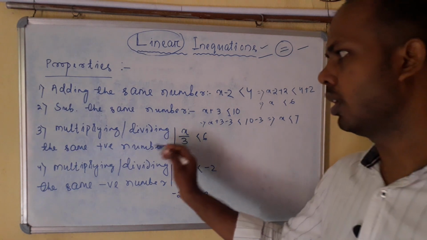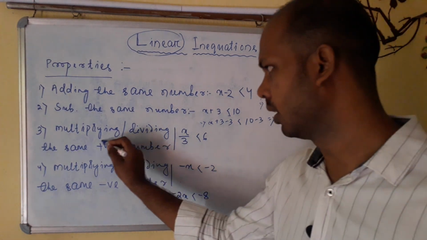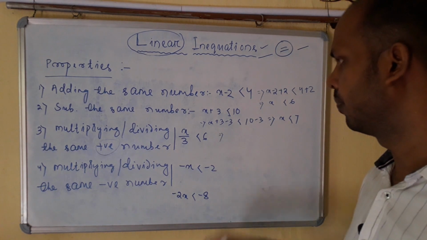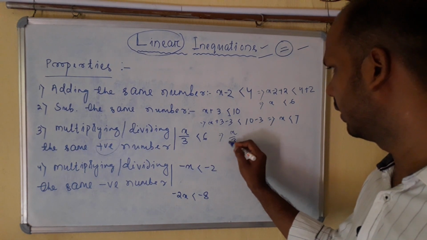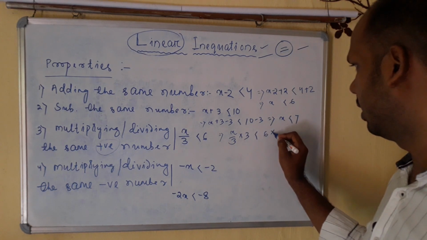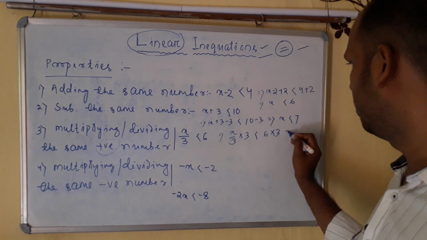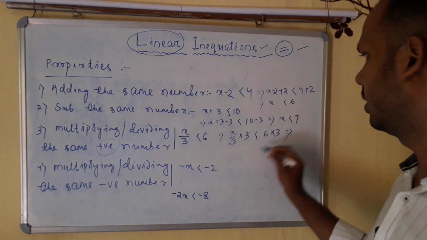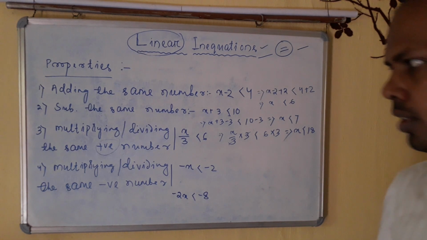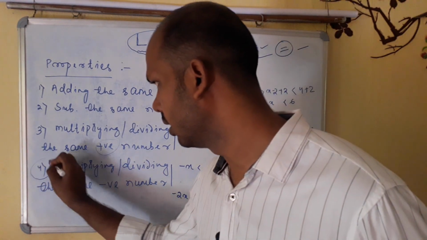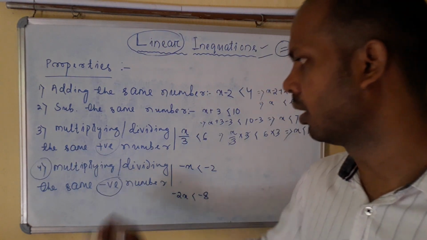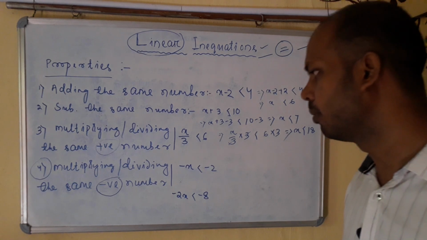When you are multiplying or dividing by the same positive number, in this case also the sign of inequality will remain the same. If I multiply 3 in the LHS as well as in the RHS, what will I get? x less than 18. Now this one is very important. When we are multiplying or dividing by the same negative number, the sign of inequality reverses.